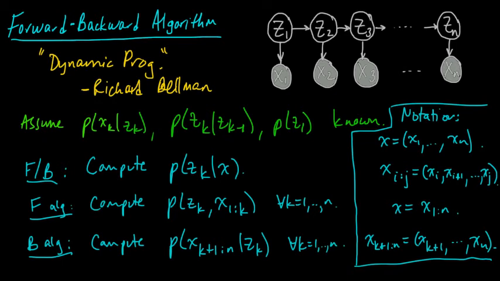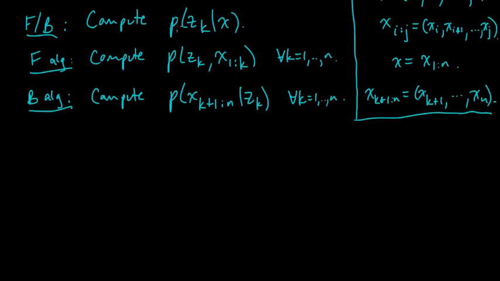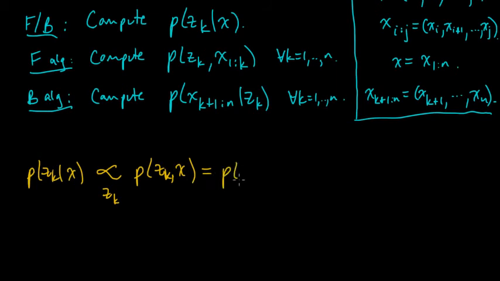And so if we can do these, how do these give us this result? Well, the probability of zk given all the x's is proportional to, as a function of zk, the joint distribution on zk and x. And we can condition here.